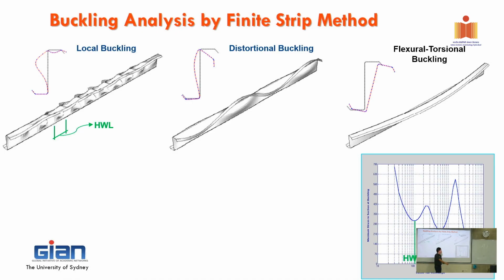So it's corresponding to here. See, halfway. It means that if our member here is 7,000 millimeters or something, and I'm using 200 millimeter depth, the halfway length is roughly 200 millimeter. You clear now? Halfway length.